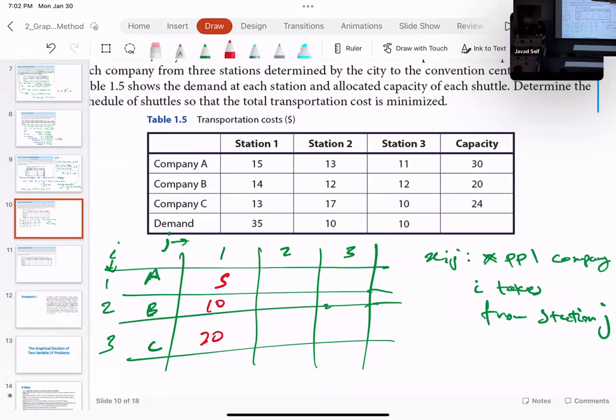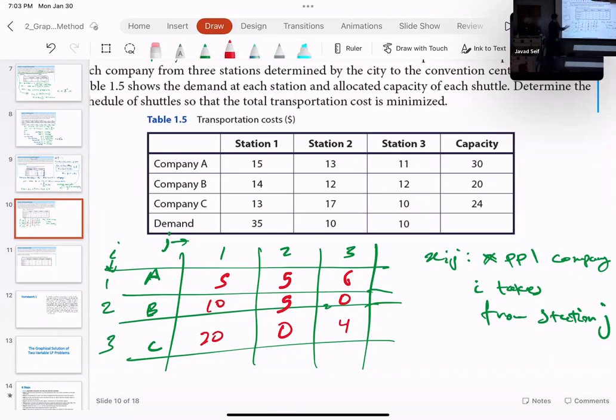And then I can put another 5 here, another 5 here, 0 here, and then 4 here, 6 here, 0. That's a solution, right? In this solution, x11 is 5, x23 is 0, x33 is 4.